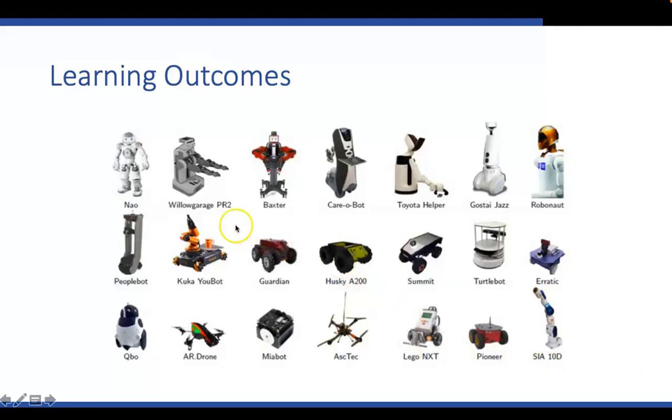As you can see, Willow Garage, Toyota, Kuka, everybody uses ROS, and ROS is being used as an industry base for robots. So learning ROS is a very good skill. If you look for jobs as a robotics software engineer, it's one of the basic requirements that you need to know.